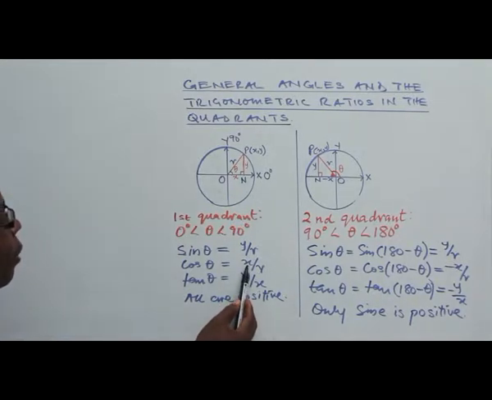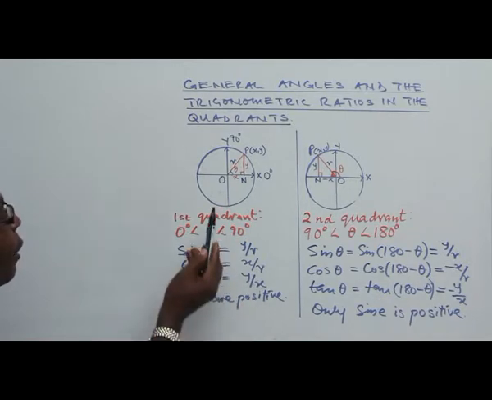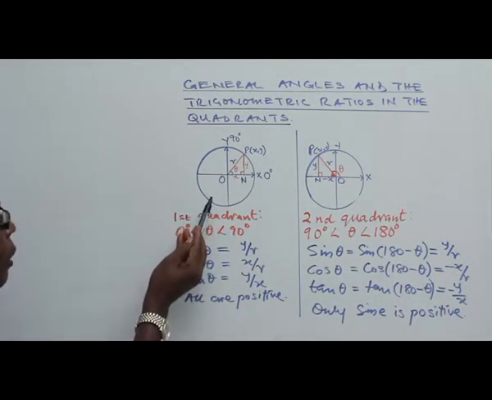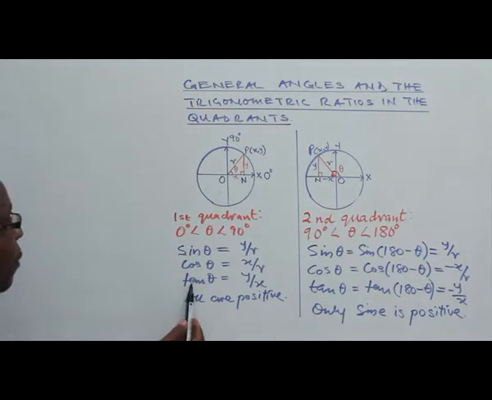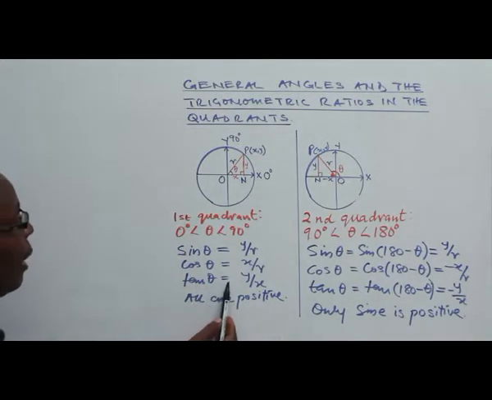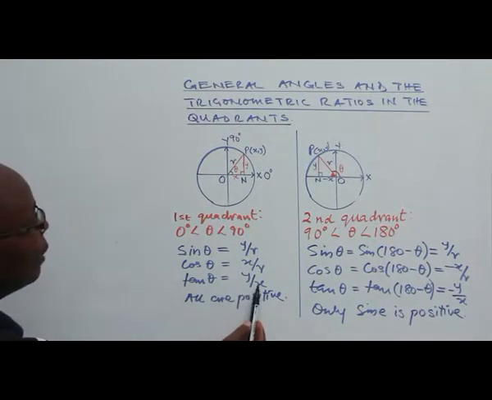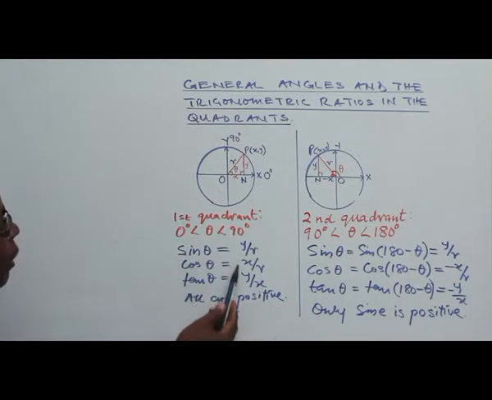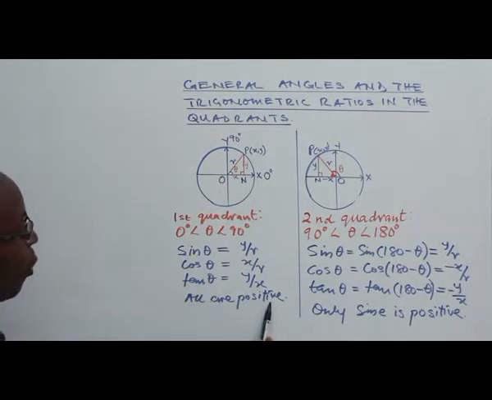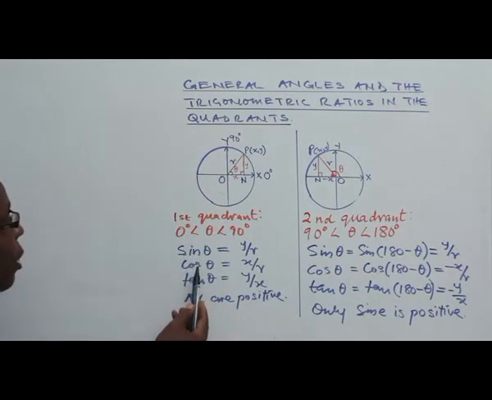That gives you x all over r by the representation in the diagram. The same goes with tan theta, which is opposite over adjacent, which is y all over x. You will now see in this first quadrant that all the trig ratios are positive. The sine, the cosine, and the tangent, as you can see from their ratios.